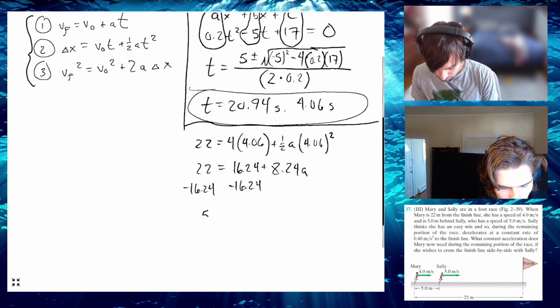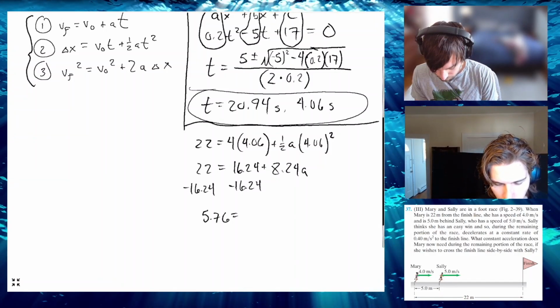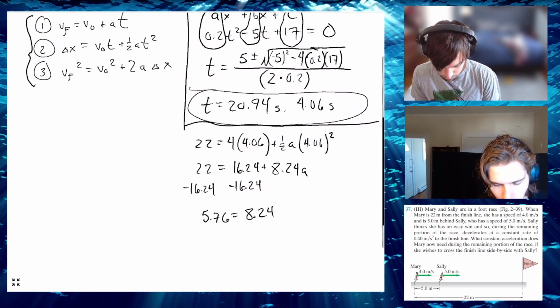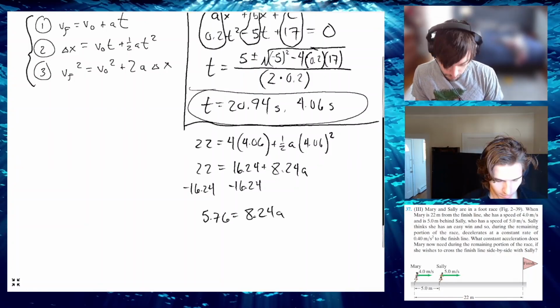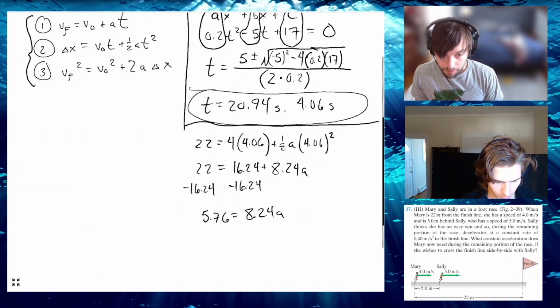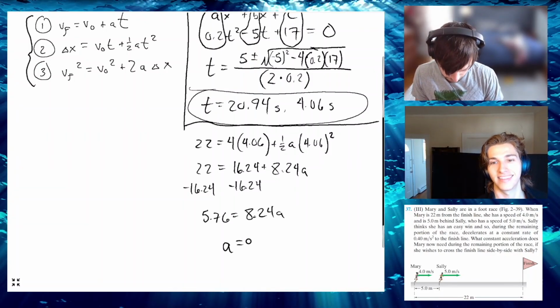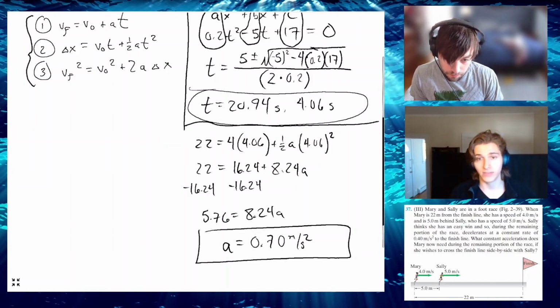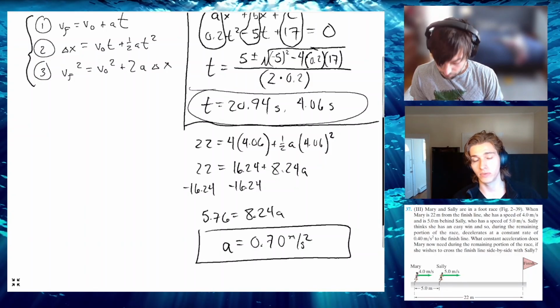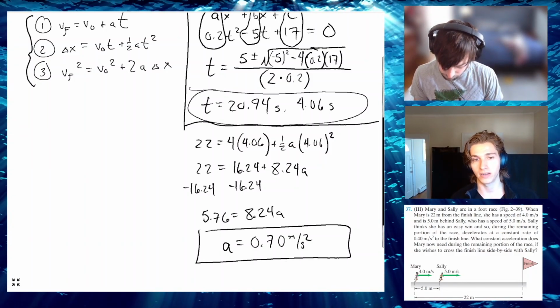So I get 5.76 equals 8.24a. And now we're completely ready for your step. So we divide both sides by 8.24. Yeah, exactly. And I end up with 0.70 meters per second squared once I round. Is that what you got? I did get that.